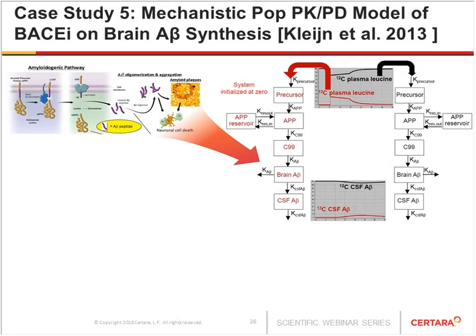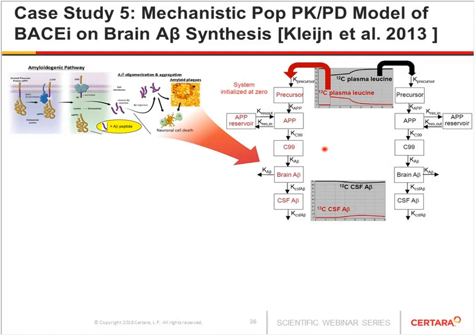The model that Hub built essentially consisted of multiple steps, starting with leucine as the precursor to various proteins that get incorporated to form A beta, thereby reflecting the biology that we've just seen on the diagram on the left-hand side.